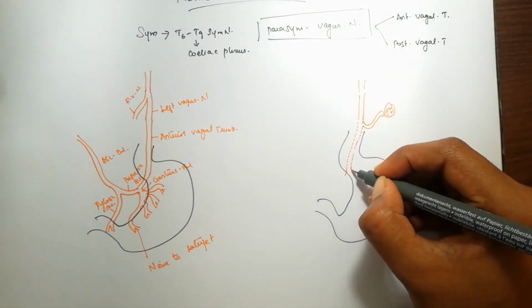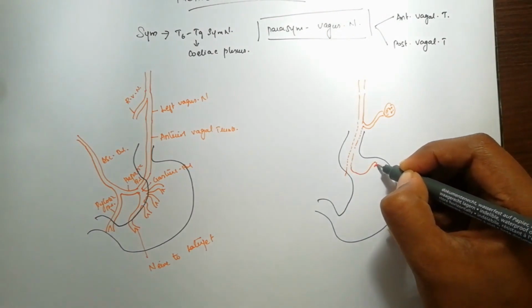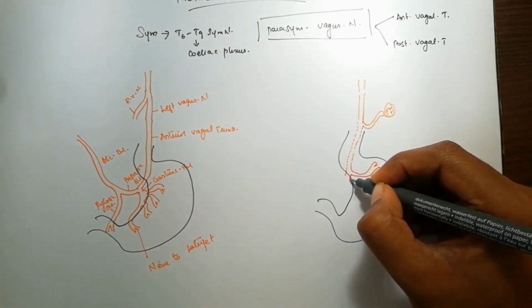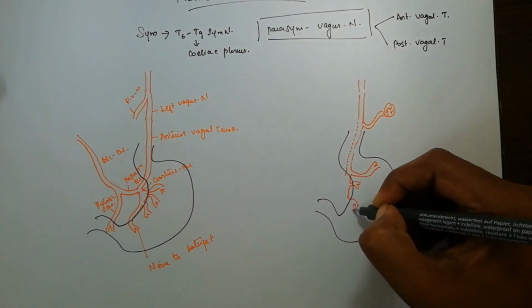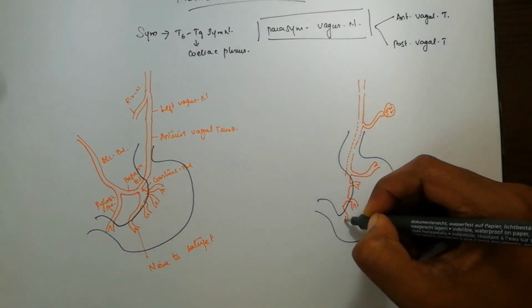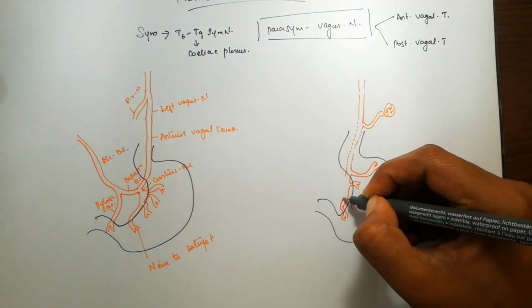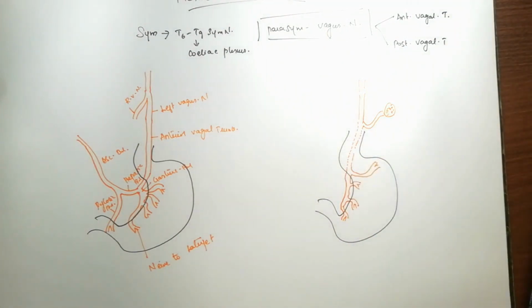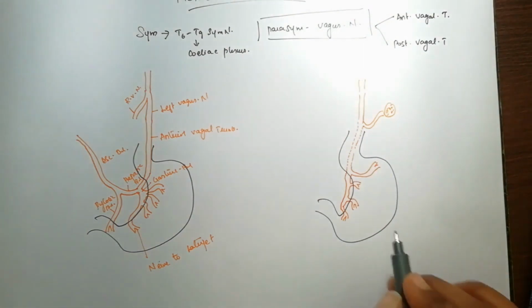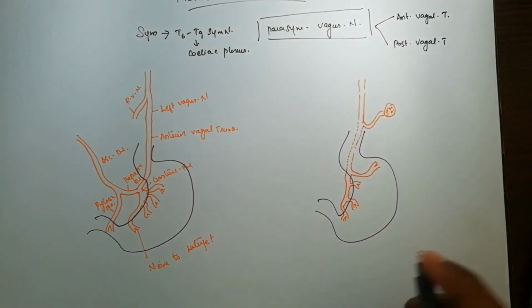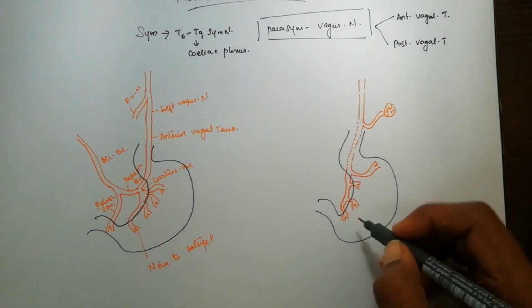Here it gives one branch to the fundus separately, and then divides into many small branches. This is how it supplies the postero-inferior surface of the stomach.